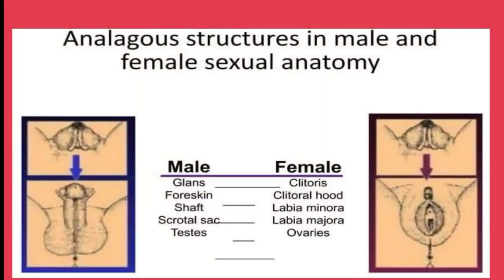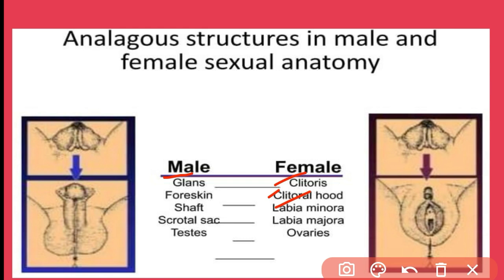Here, there are some analogous structures in female and male sexual anatomy. In male, there is a glans which is analogous to the clitoris in a female. The foreskin of the penis is analogous to the clitoral hood of the female. The shaft of the penis is analogous to the labia minora of the female.